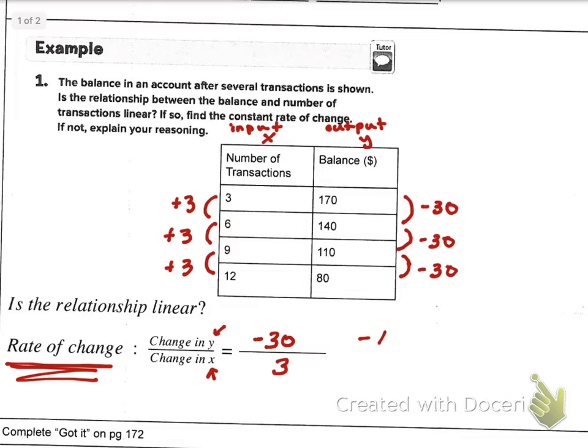Now we could reduce it to negative 10 over 3, which is down $10 for every 1 transaction. But the key there is that the rate is the same. And so this relationship is linear because the rate stayed the same each time.